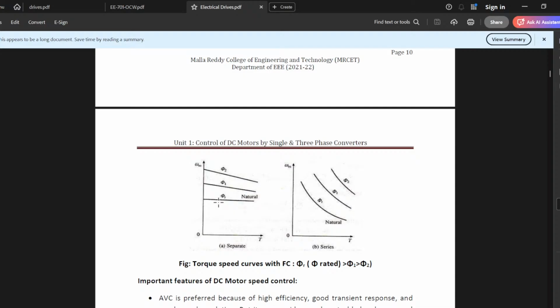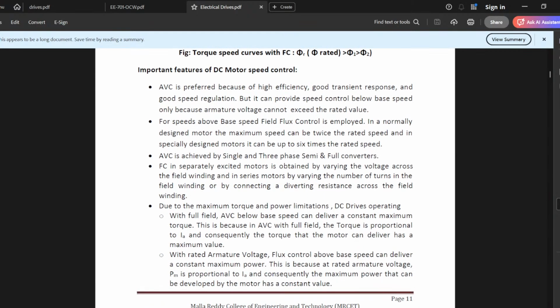If phi R, then phi 1, then speed will be greater than phi 1. Phi R, then phi 1 and phi 2 will be the greatest. Here, phi R will be least, then phi 1 and phi 2. Next, important features.